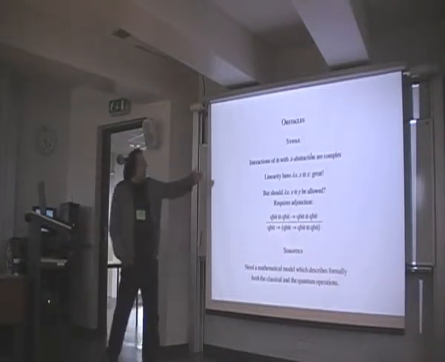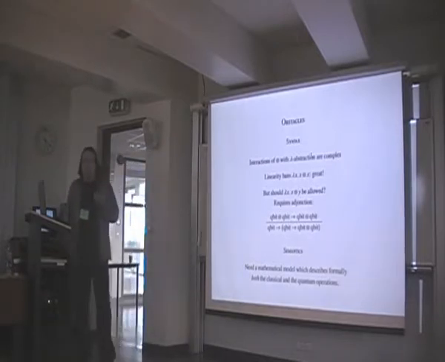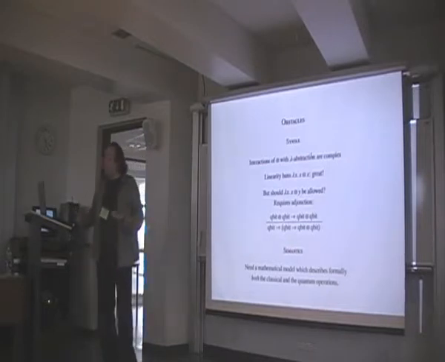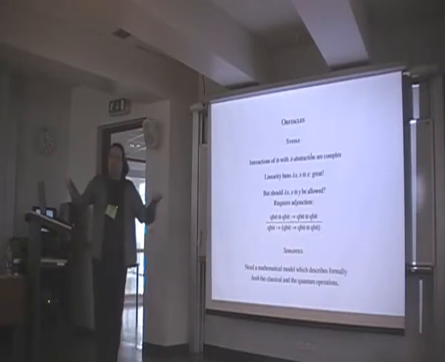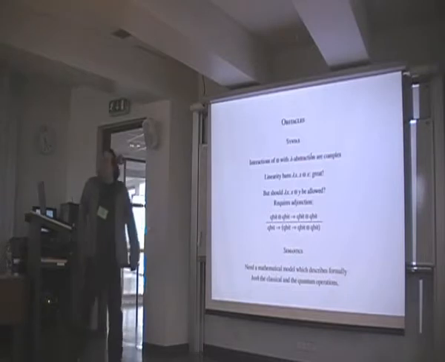The interactions of tensor with lambda abstraction are complex. As you can see, there are three talks in this workshop about quantum lambda calculus, and we have three different type systems, three different ways to think about things.